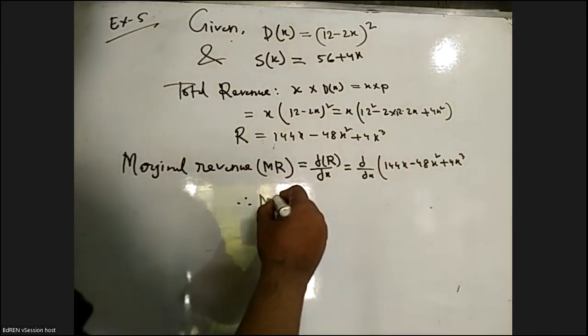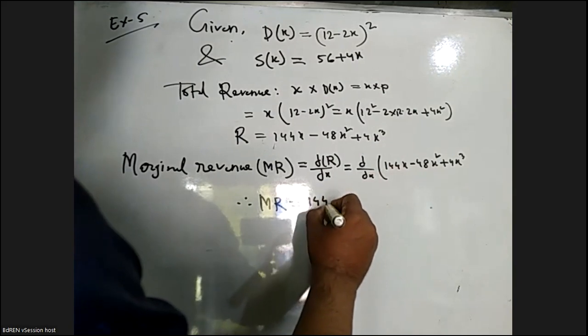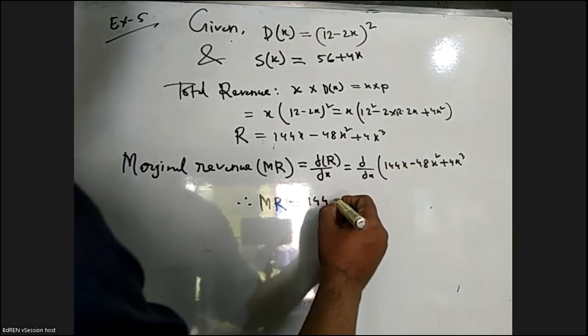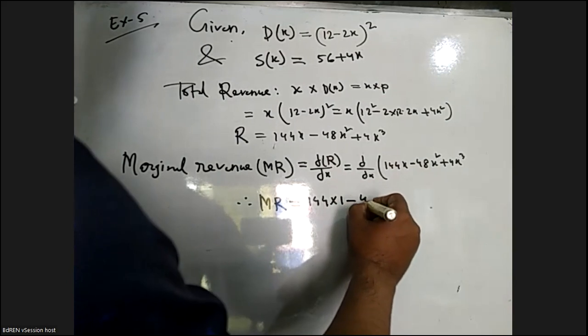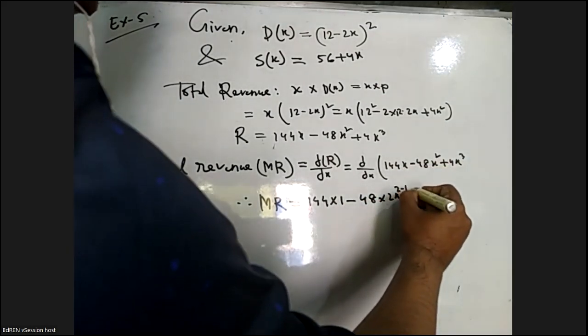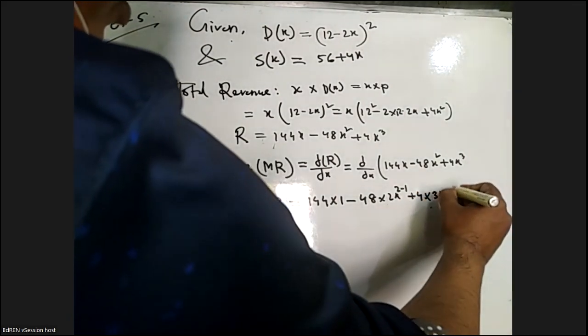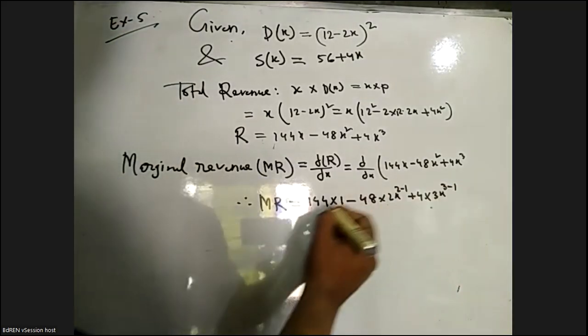Marginal revenue is found by differentiating: 144x gives 144, 48 x square gives 2 into x to the power 2 minus 1 using the power rule, and 4x cube using the same power rule.